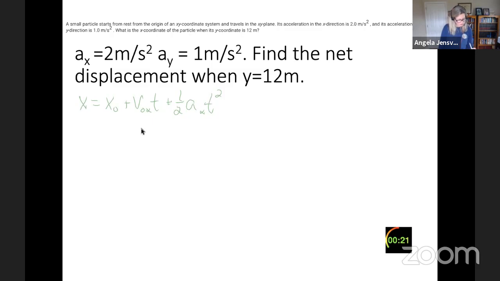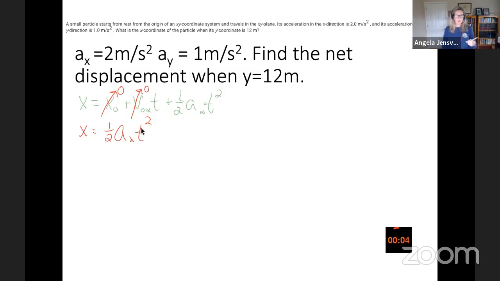But it started at the origin, so x naught is 0. It started at rest, so v naught x is 0. So basically, to get the x coordinate, we need the acceleration in the x direction and the time.